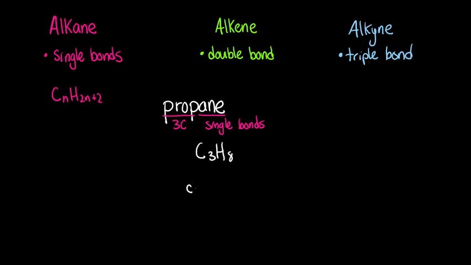If you were to draw it, you connect all of your carbons using a single bond, complete the octet for each carbon, and that is where the hydrogens will go.